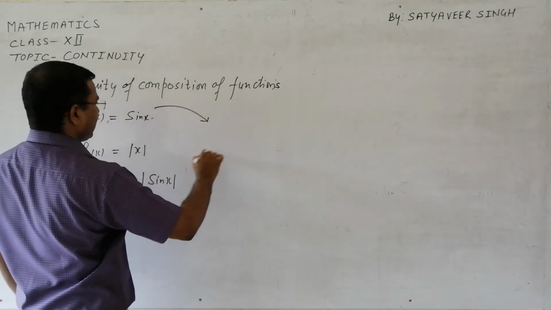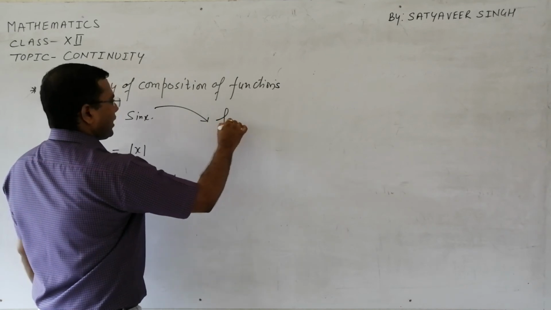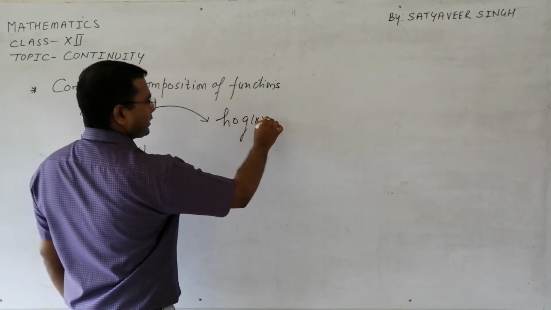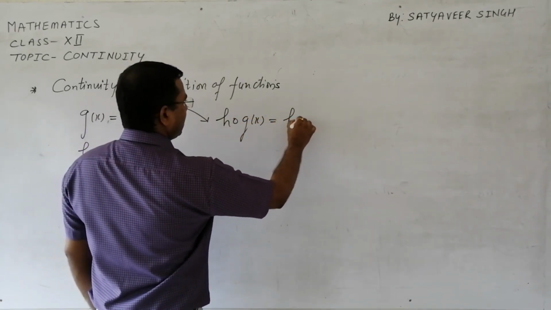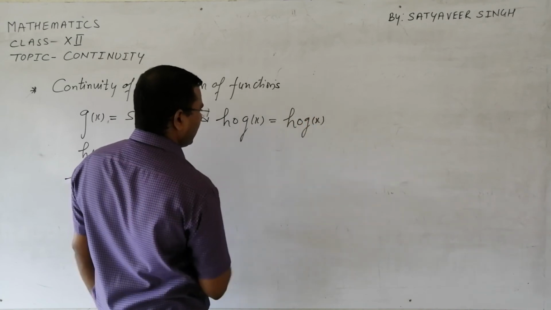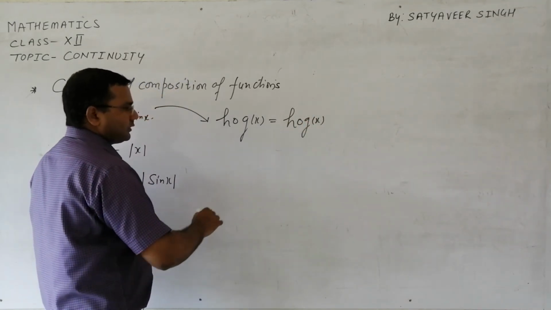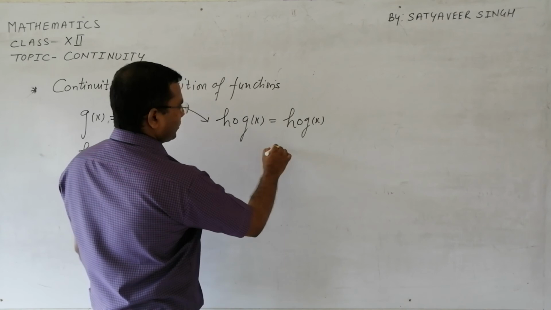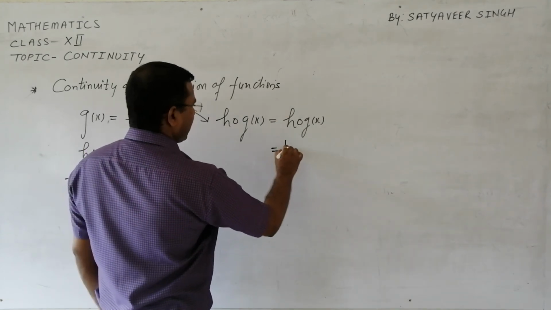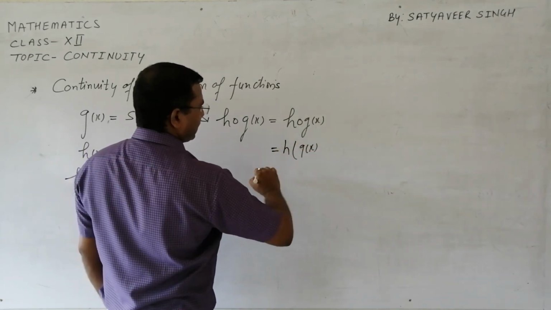We can find (h o g)(x), which is equal to h of g(x).